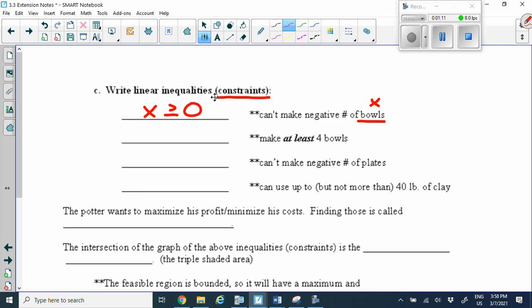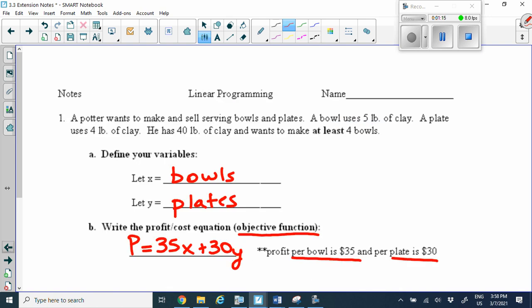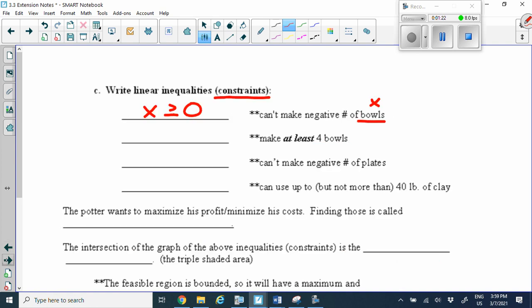Now, then it says make at least 4 bowls. So if we go back to our problem, it did say that we want to make at least 4 bowls. So that's going to be part of our constraints. So once again, remember, bowls, we're representing that as x, so that's x. Now, when we think about at least, that means we want either 4 or more bowls.